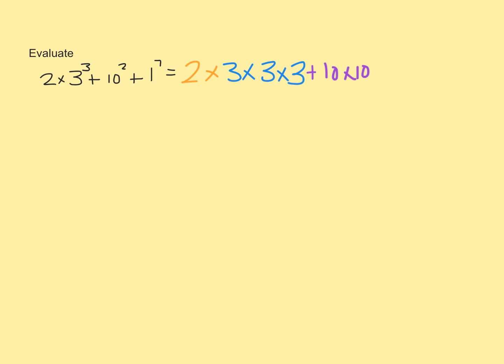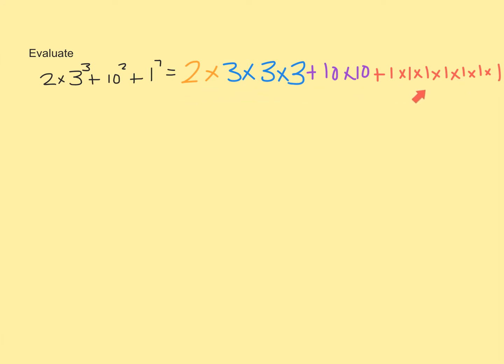And the last thing that I have is 1 to the power of 7, and that is plus 1 times 1 times 1 times 1 times 1 times 1 times 1. So why have I put 7 there? Well, there are 7 up there, therefore there needs to be 7 lots of 1 times 1.